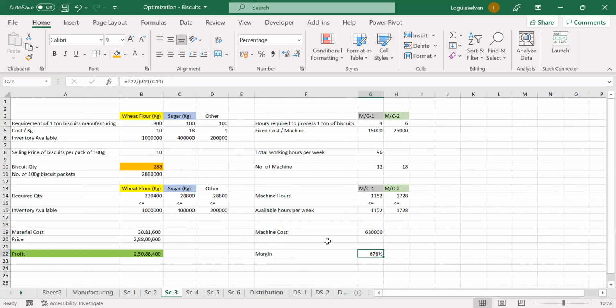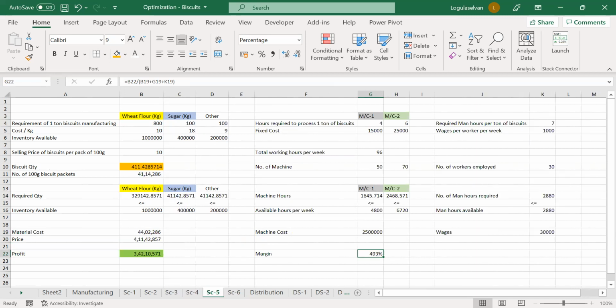Then adding one constraint, it reduced to 676%. Then adding one more constraint, it reduced down to 493%. Then adding the packing cost as one more constraint, this profit margin is getting reduced to 388%.